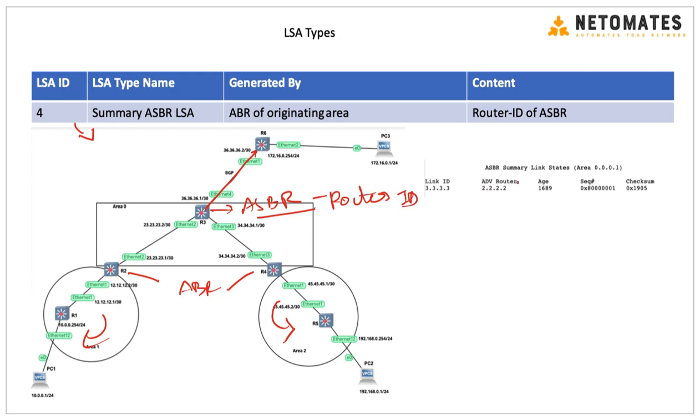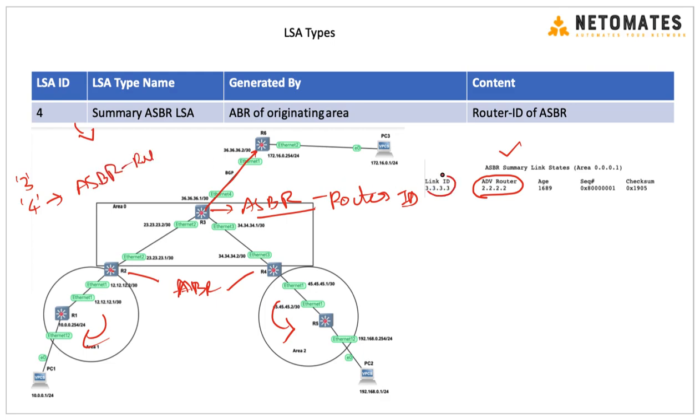Okay, so if you see, this is the database, we can see it in area 1. So in area 1 we are telling that 2.2.2.2 is advertising. Why is 2.2.2.2 advertising? Because this is the ABR. So the ABR's purpose is to tell other area routes, right? So for that it is using type 3. It is using type 4 to tell about ASBR information, the ASBR router ID.